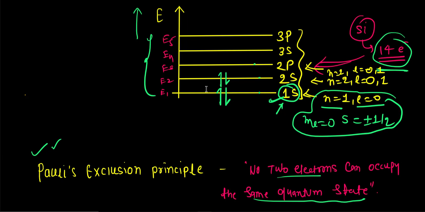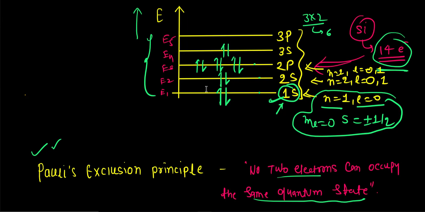There are 3 values of m_l, and each m_l can have the value of s as plus half or minus half. So 3 into 2 would be 6 quantum states, so there can be 6 electrons in the 2p.